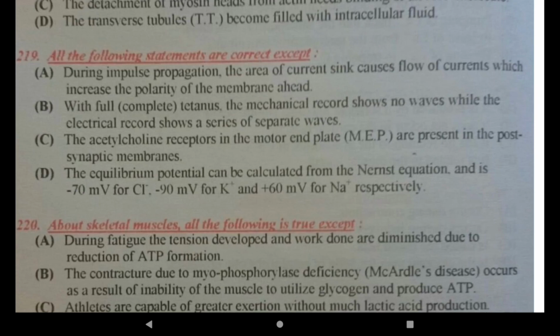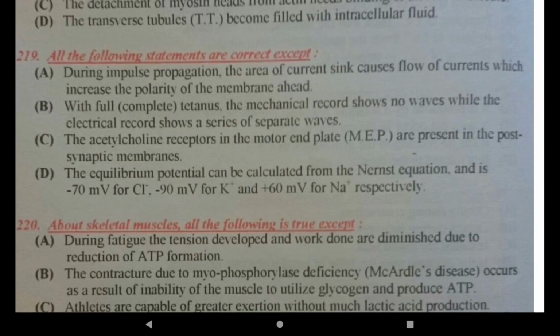C. Acetylcholine receptors in a motor end plate are present in the postsynaptic membrane. D. The equilibrium potential can be calculated from the Nernst potential and is negative 70 millivolts for chloride, negative 90 millivolts for potassium, and positive 60 millivolts for sodium, respectively.